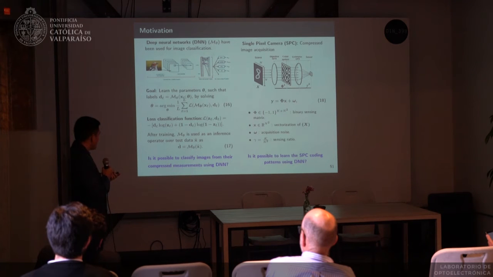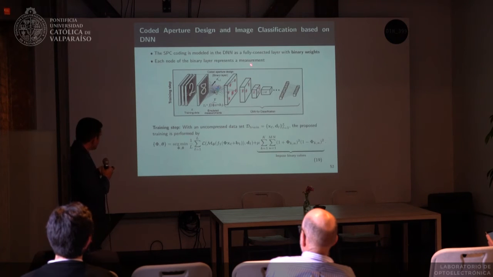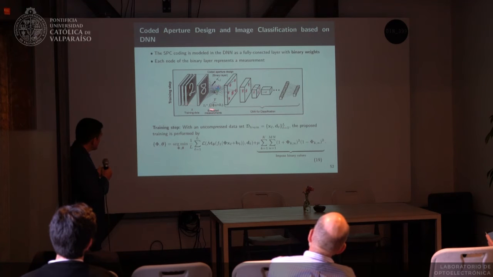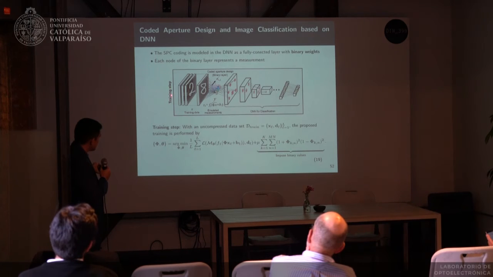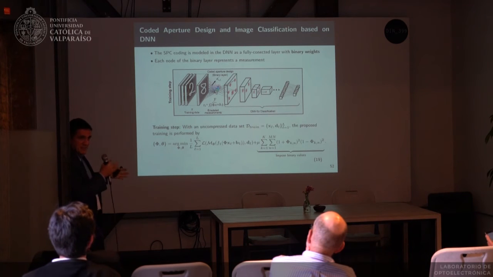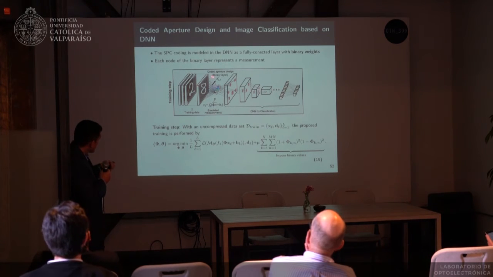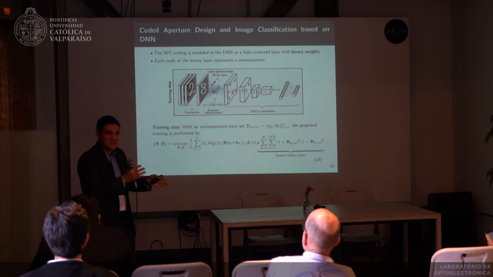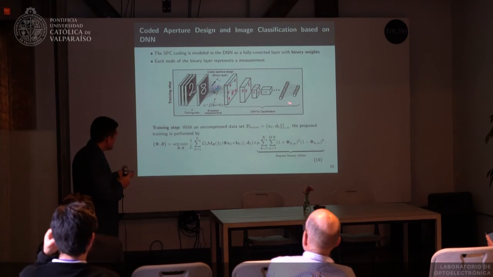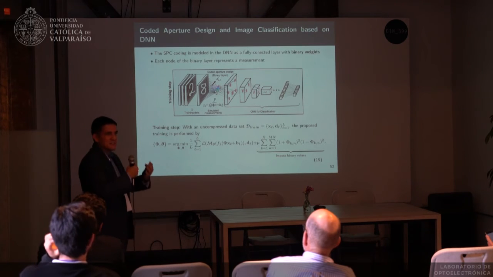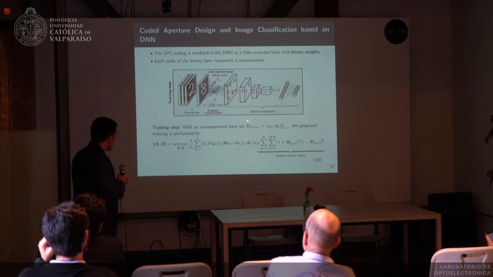Okay, let me explain how. First, this is the training step. In the training step, you put a fully connected layer. This fully connected layer is going to represent the codification, the optical part, and after you put the software part, that is the CNN, the normal CNN.